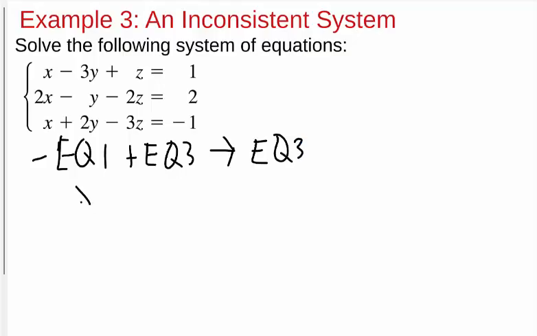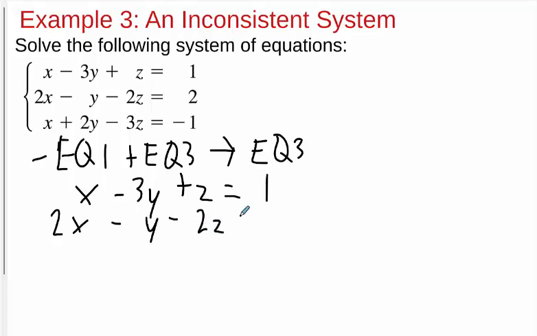So we have x minus 3y plus z equals 1. We have 2x minus y minus 2z equals 2.